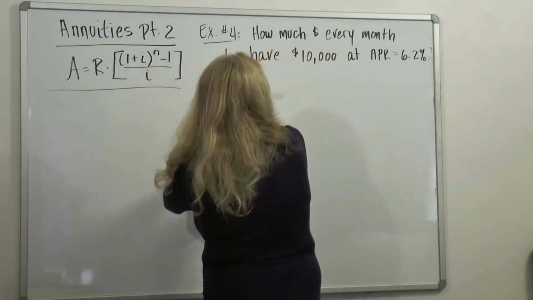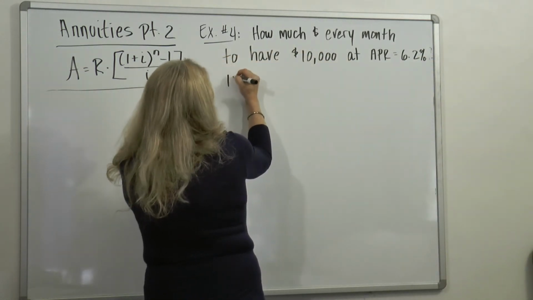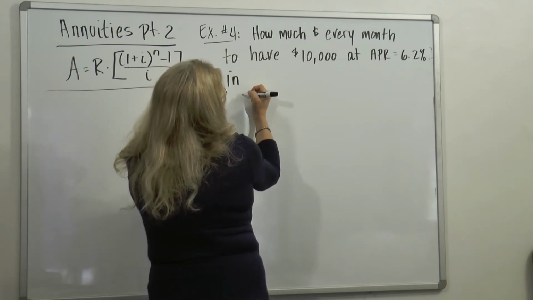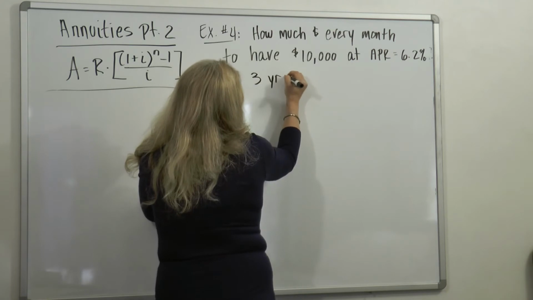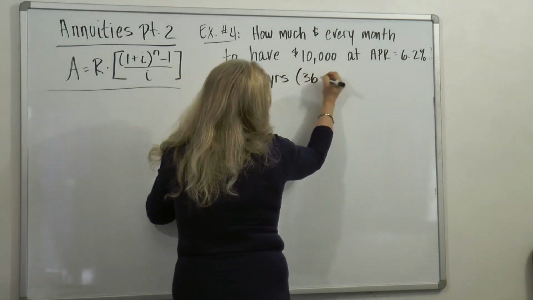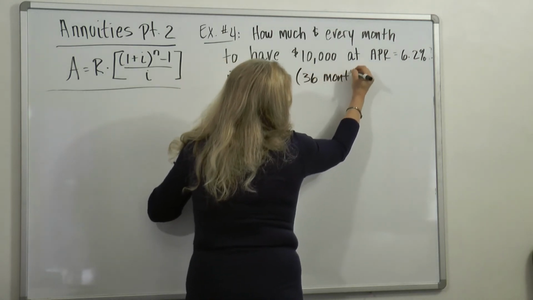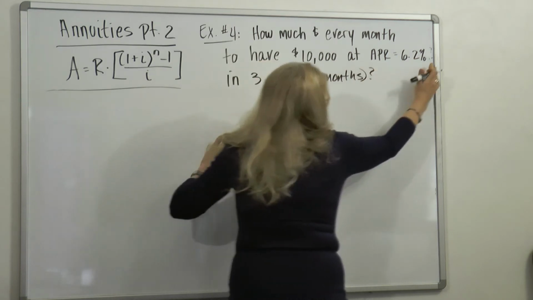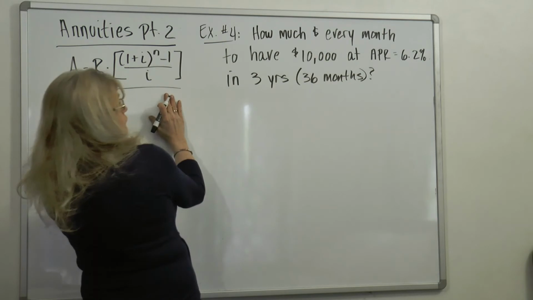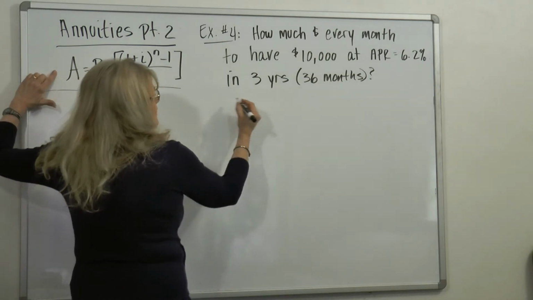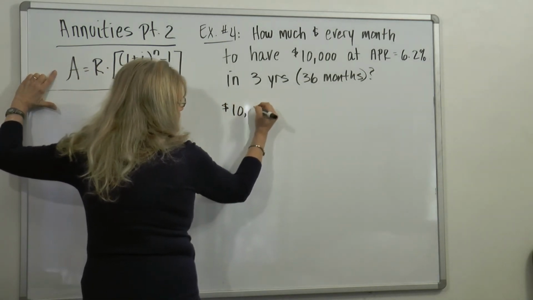And I want to accomplish this in, say, 3 years, which is 36 months. Okay, so just using our formula here, A is the ending amount, that's our 10,000.